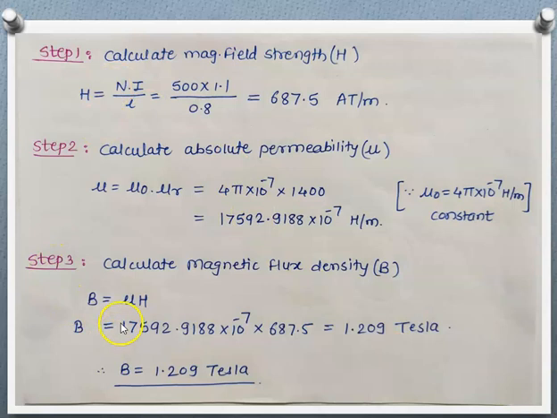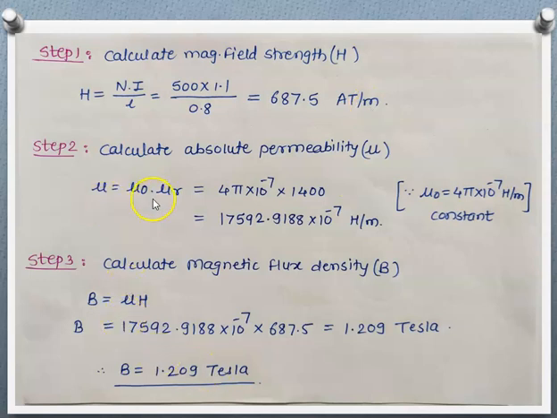So let's solve this. We have the relation between B and H: B is equal to mu H. If we can find mu and H, then with the help of these we can find the required value of magnetic flux density. First we will calculate the magnetic field strength H. We have the expression H is equal to N into I upon L. Putting the values, 500 into 1.1 divided by 0.8, which is equal to 687.5 ampere turns per meter.